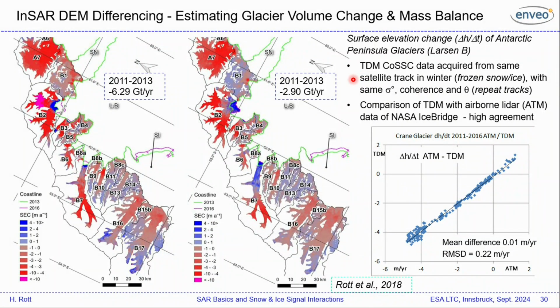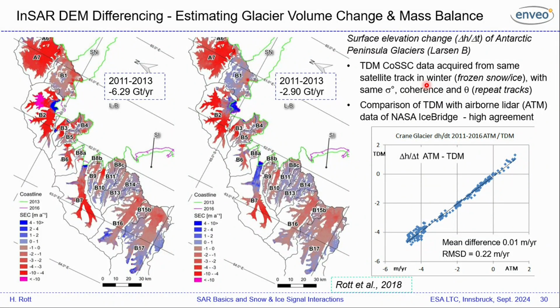They process this data starting with TanDEM, co-located single-look complex data, acquired at the same time in the year, frozen ice and snow, with the same sigma naught, coherence and same incidence angles, so exactly repeat tracks. So we assumed that the morphology of these glaciers didn't change through that period.